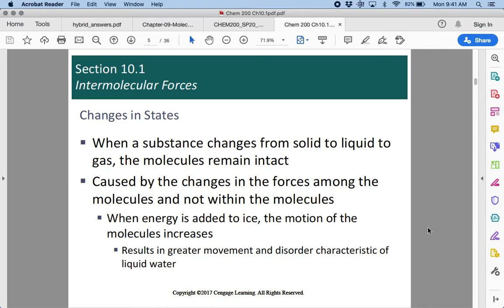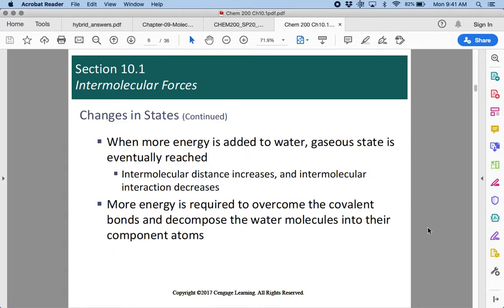However, the intermolecular bonds, or forces, we're going to say forces, they're not real bonds. They're forces. They're attractions. The intermolecular forces are what are going to be affected by these changes of state. This occurs with energy.